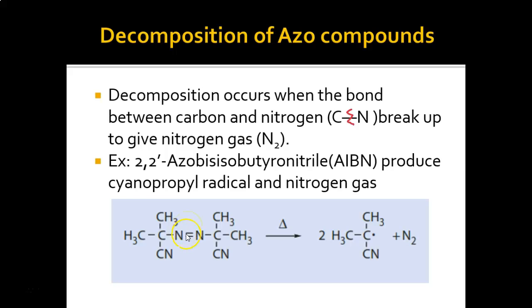And this double bond will be transferred to produce CH3CN with the radical plus N2 and plus another CH3, CH3 and CN. So we have two structures of CH3C, CH3CN.